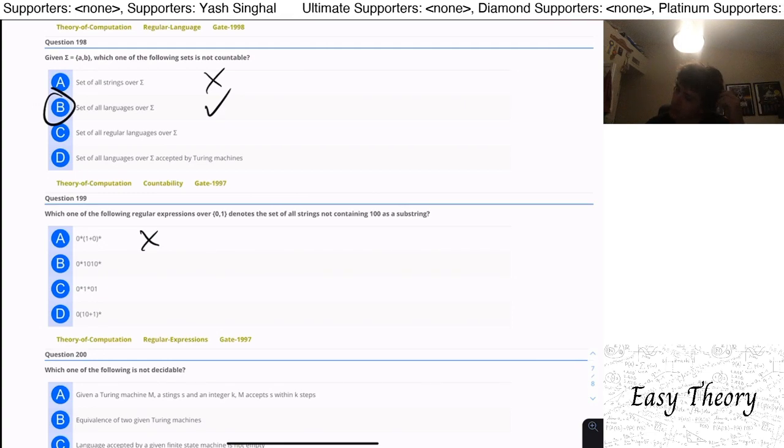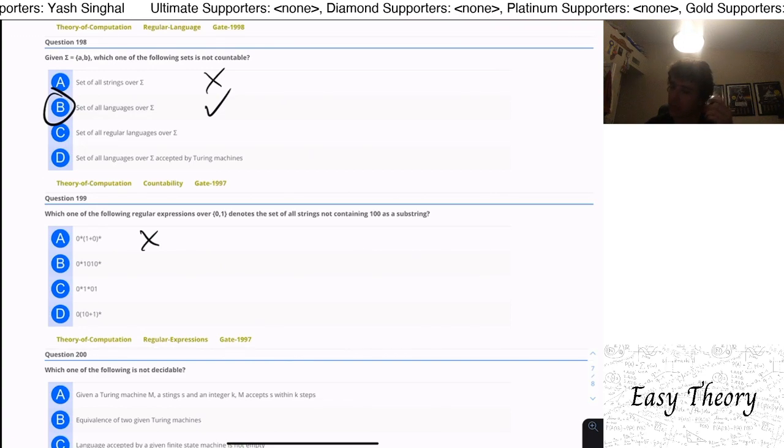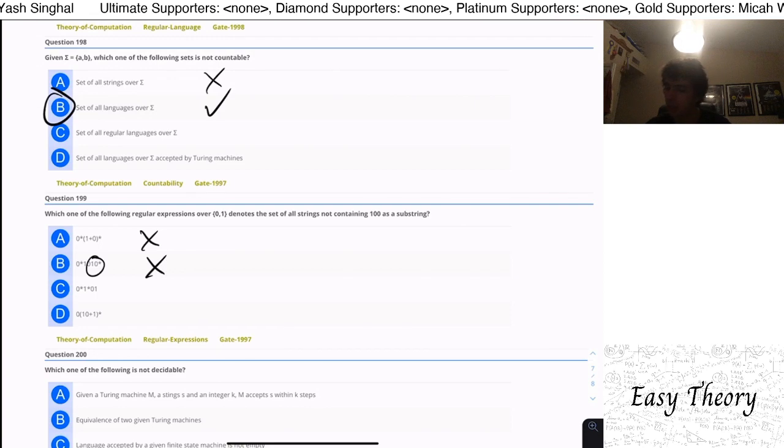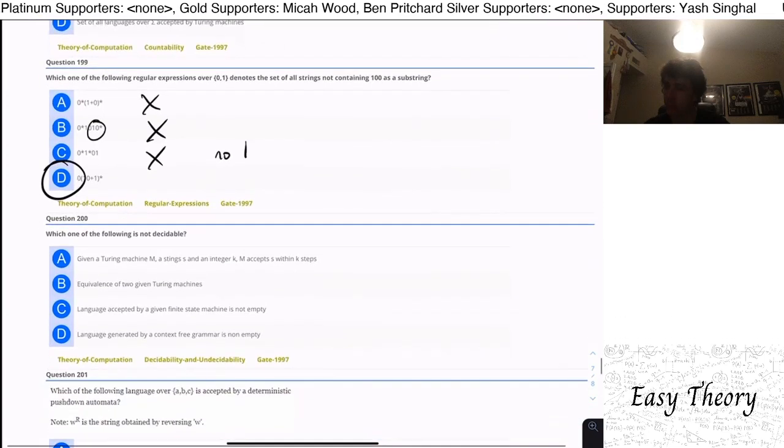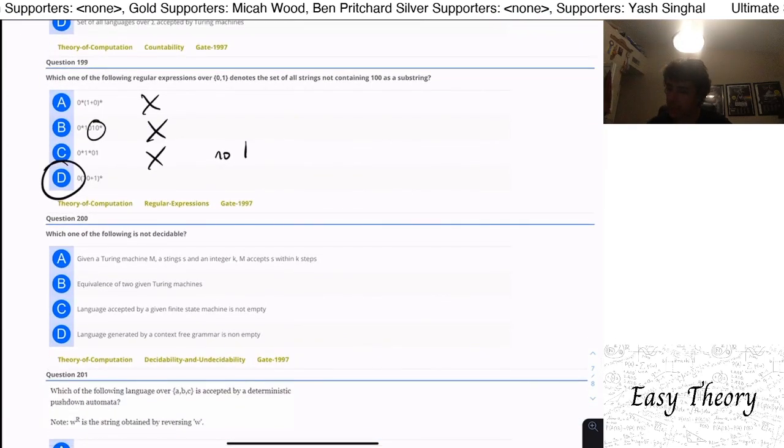Can B generate one? Yeah, the 1, 0 here, so that can make 1, 0, 0. Can C make it? No, it doesn't make the string 1, so no 1 here. So that doesn't work, so D is the answer there. Maybe a succinct explanation for that would be nice to have.